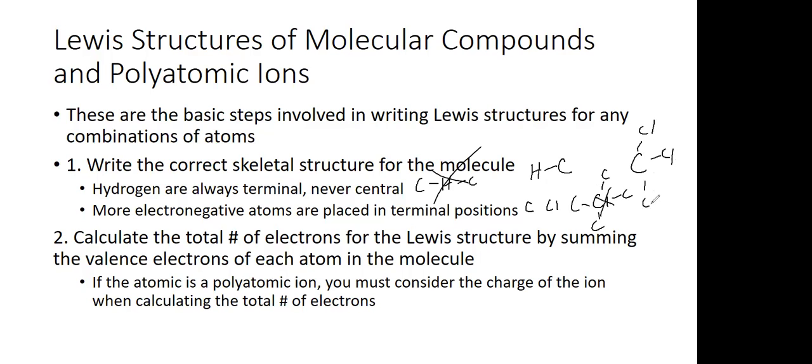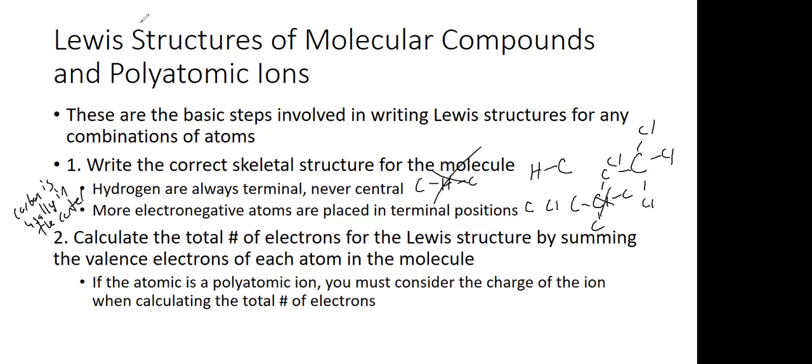Chlorine and fluorine are usually at terminal positions and only bound to one thing. Another rule here that's not listed: carbon is usually in the center. Not always, but a lot of the time when you're working with carbon, it goes in the middle of your compound.